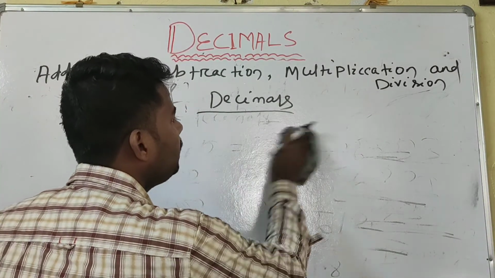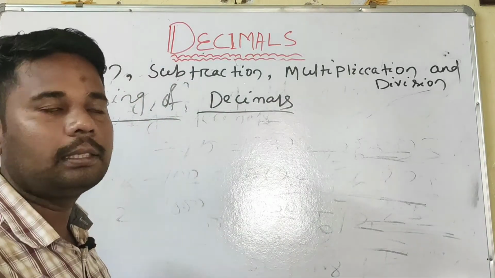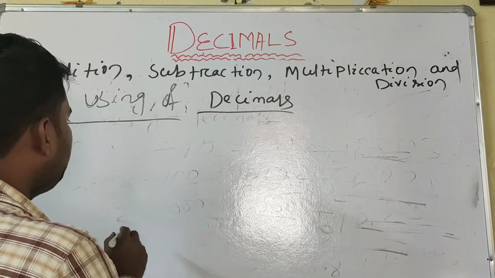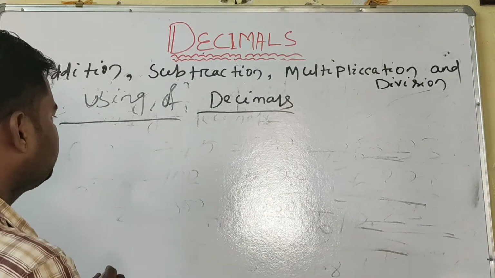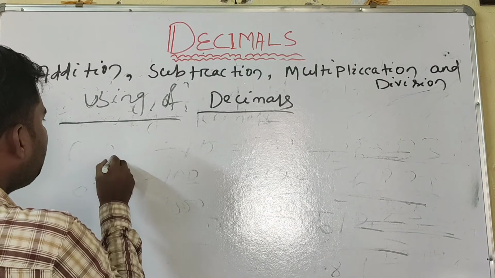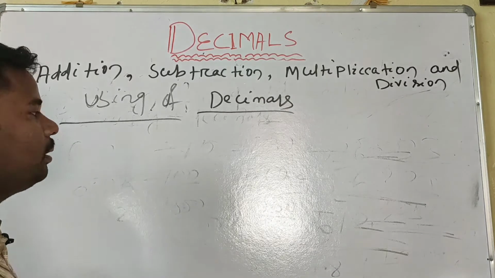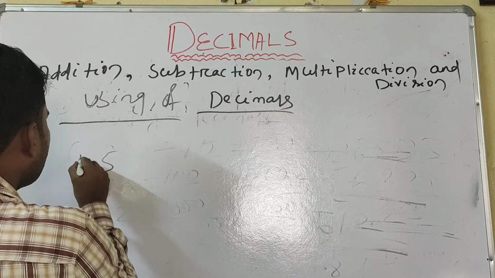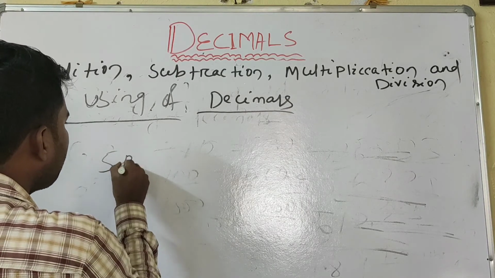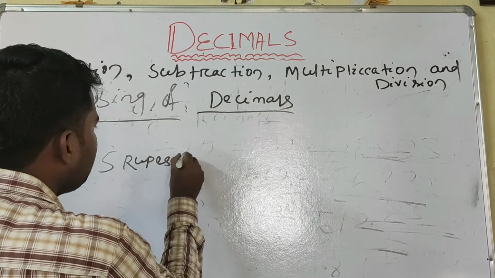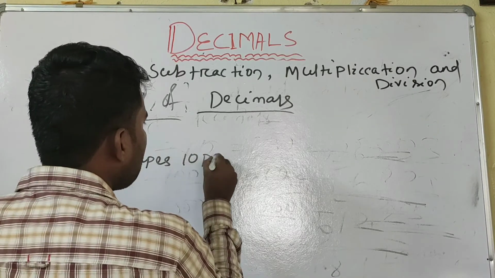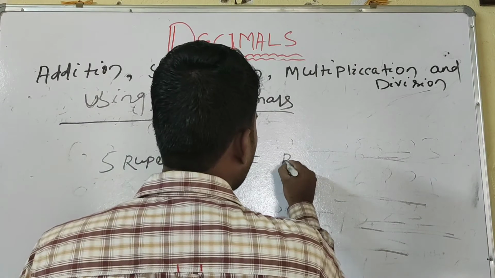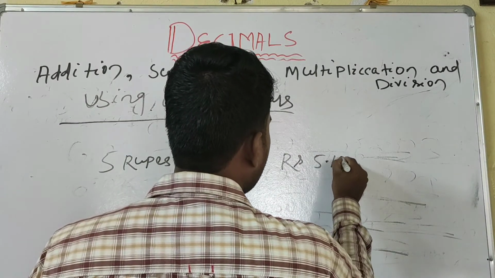We use them in currency and length. Suppose we write 5 rupees 10 paisa. How will we convert 5 rupees 10 paisa into decimal? It will be rupees 5.10.